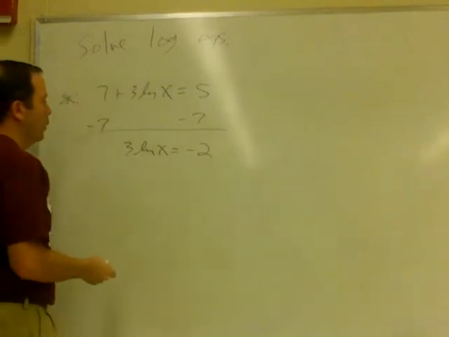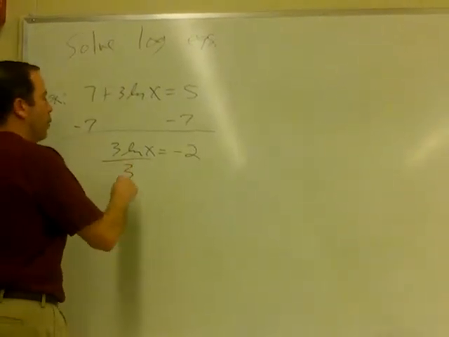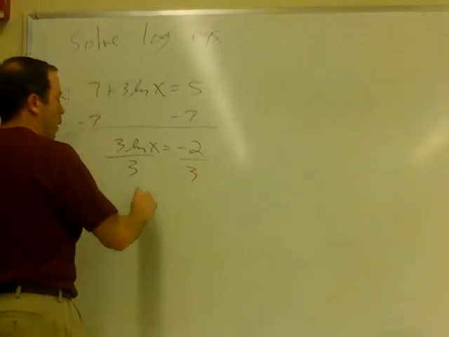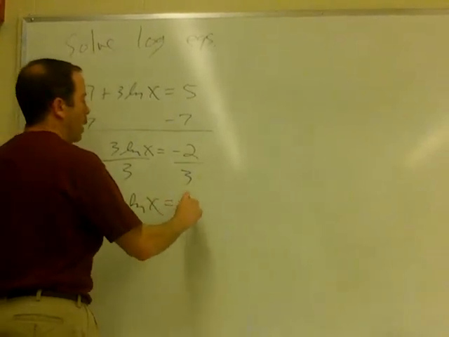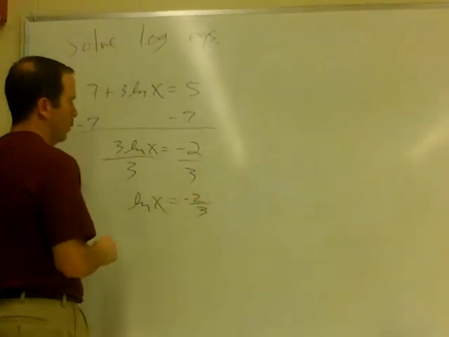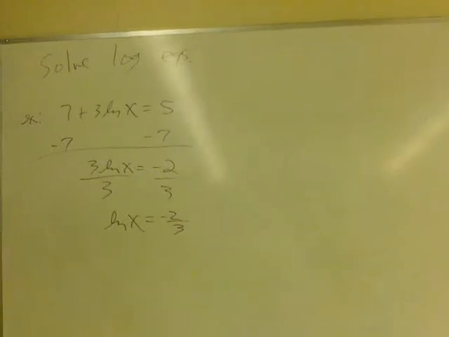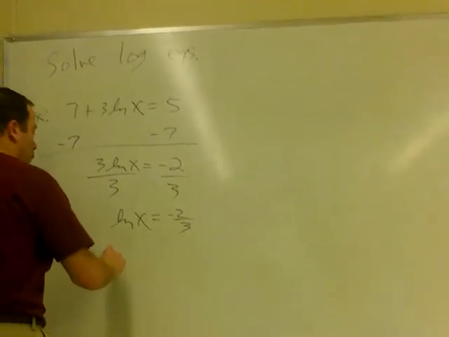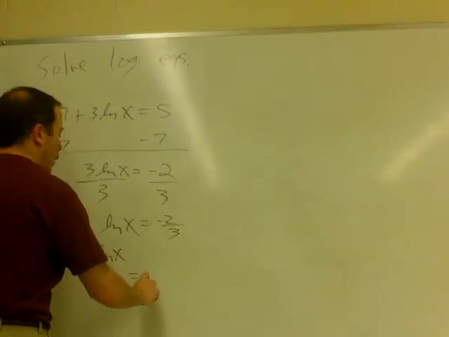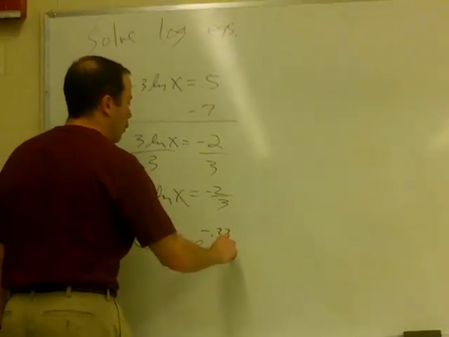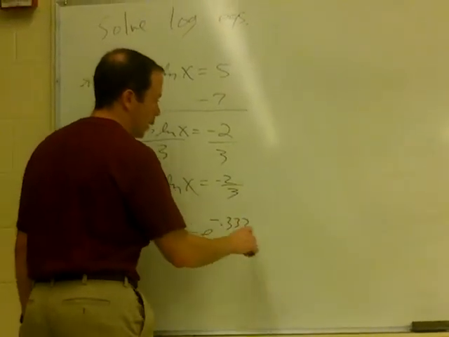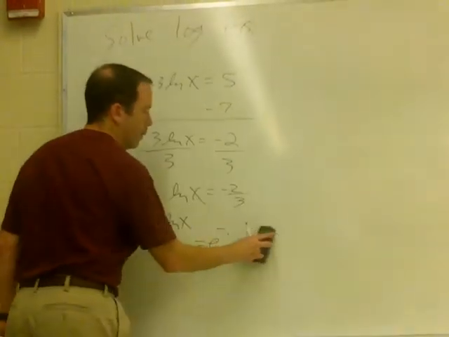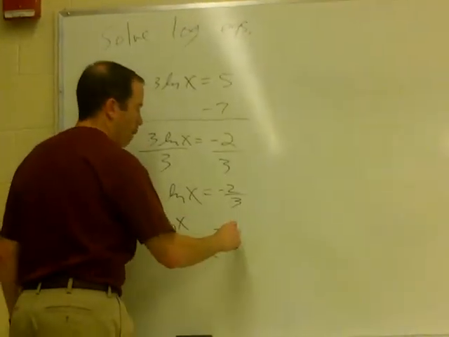Divide by 3, so ln x equals -2/3. And then we will raise e to both sides. e to the ln x equals e to the -0.666. So 2.71 to that power is going to be a tiny fraction.